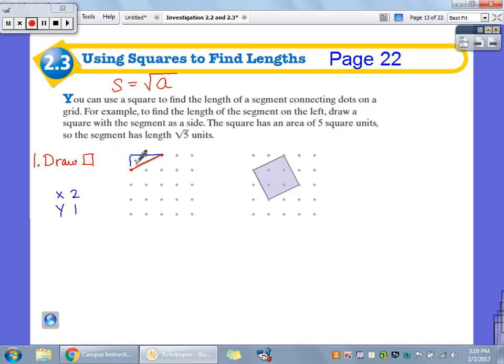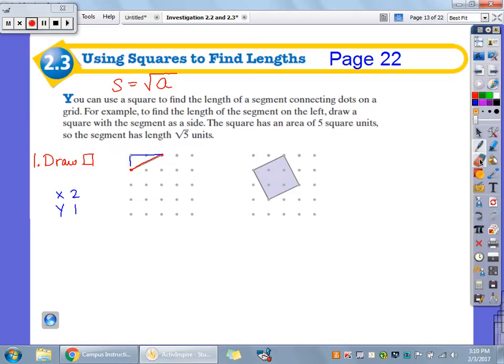So maybe I should have drawn this a little bit differently. Okay, so now to get your new driving directions, you're going to flip-flop. So you're going to do y and you're going to do x, but you're going to keep the numbers.